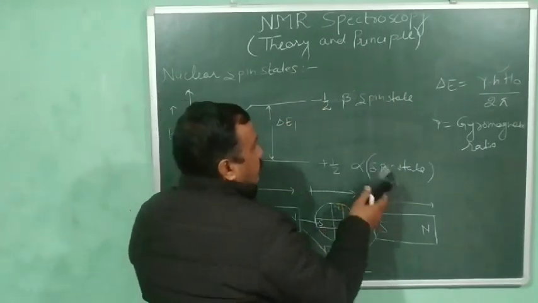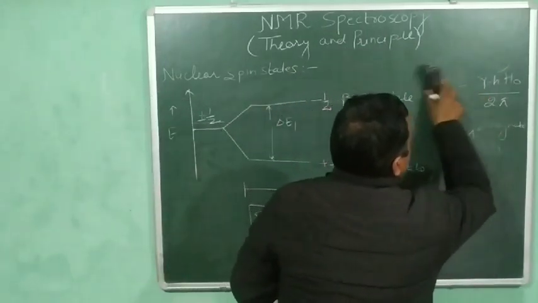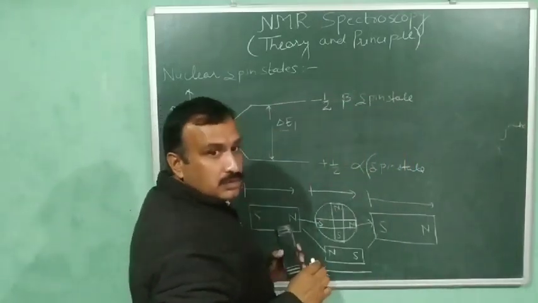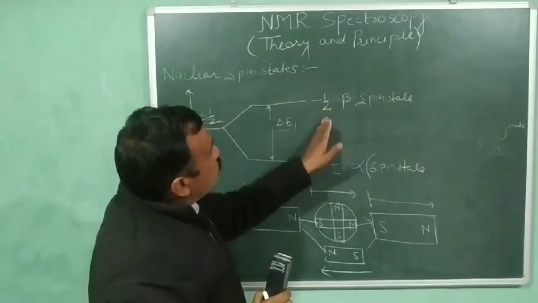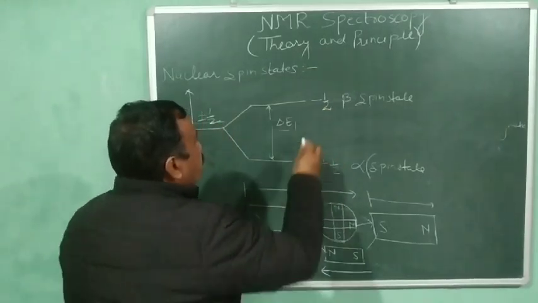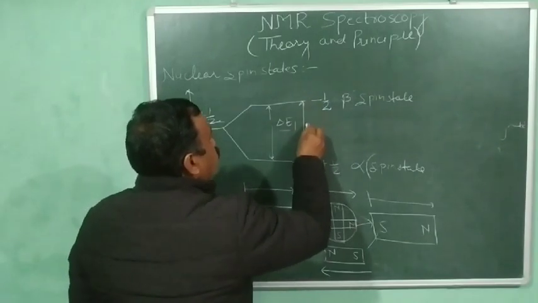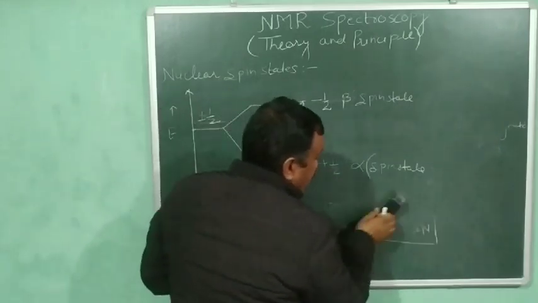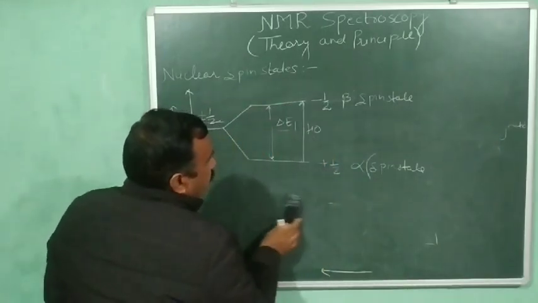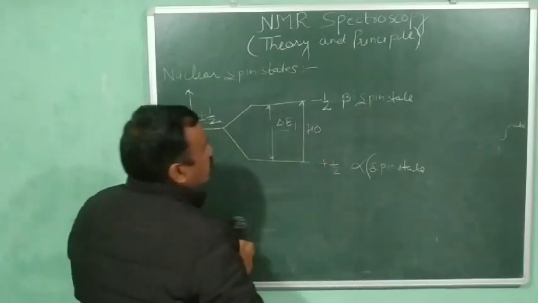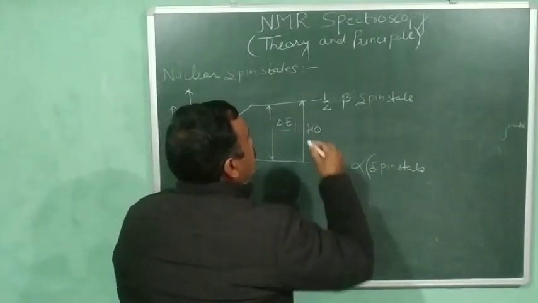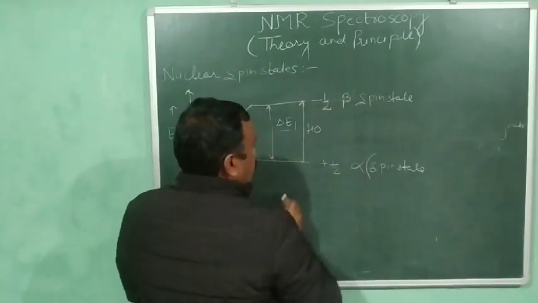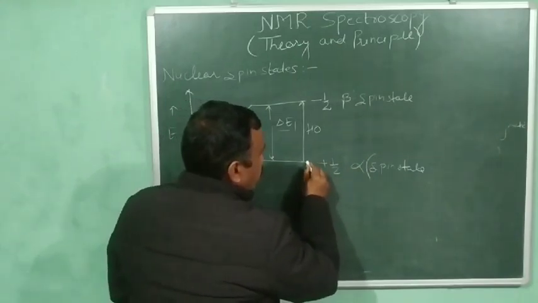I can represent this diagrammatically: if delta E1 is the energy difference between these two spin states when the external magnetic field is H naught, this energy difference will increase further if I increase the external magnetic field. Suppose I have increased the external magnetic field to a new value H naught prime, then the energy of this alpha spin state will decrease further.